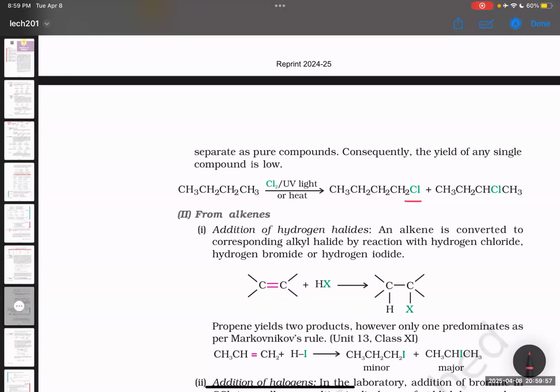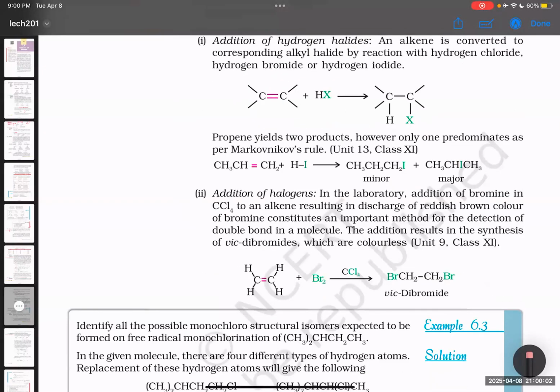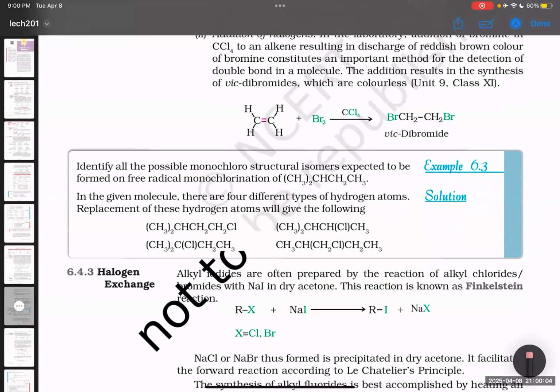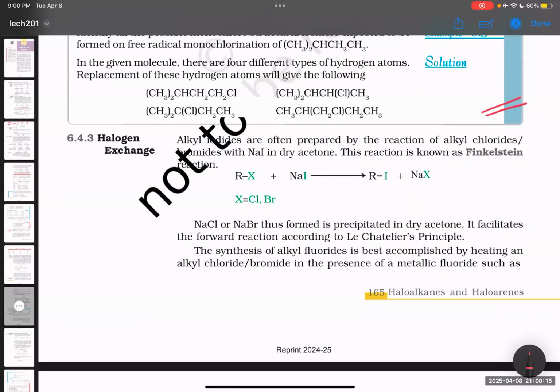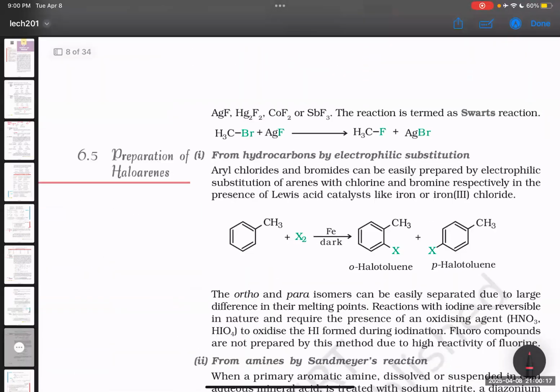And this is what we are doing right now. We are doing these types of questions. Currently, I think we are. This is a famous question.